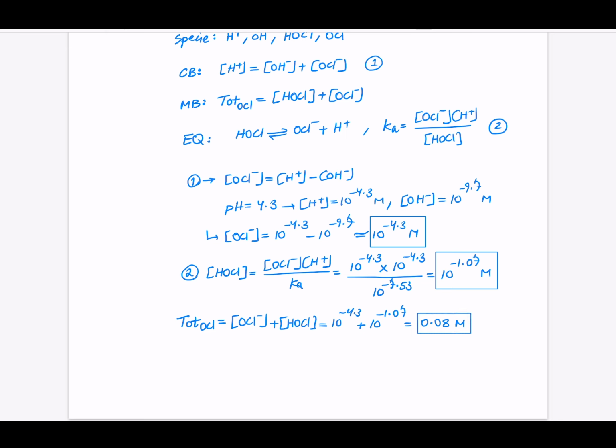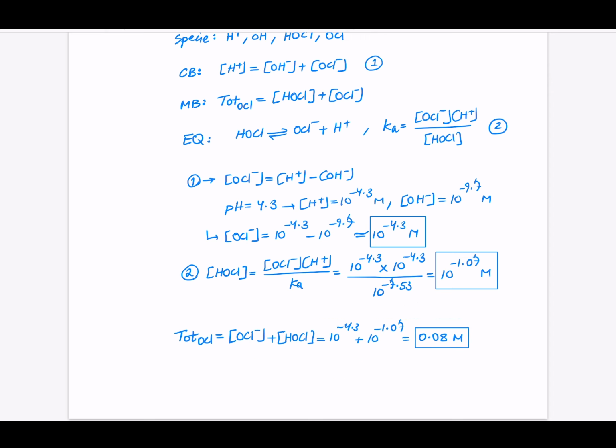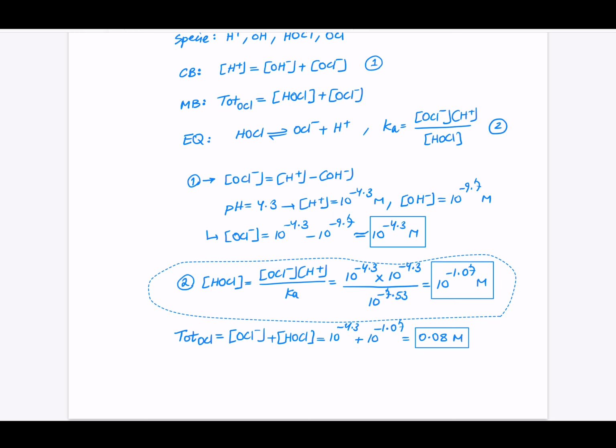So basically what it says is if we add 0.08 molar of HOCl, then the pH would be 4.3. Just pretty simple. Since the pH was given, the math was relatively simple. If pH wasn't given, we had to do a little bit more work on the mathematical part.